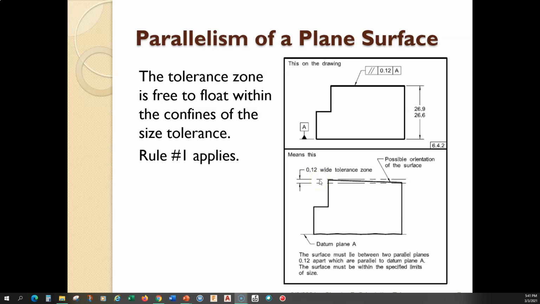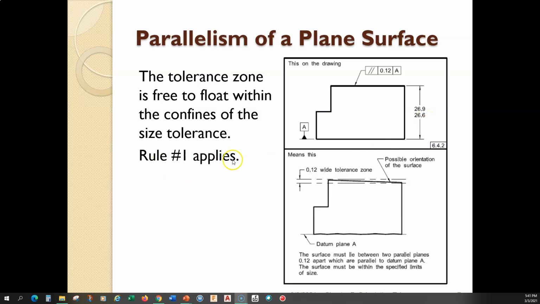This does not fix the tolerance zone in space. The tolerance zone is allowed to float, so it can move up and down. How much can it move up and down? Well, let's look at the size dimension right here. It can move up and down between 26.9 and 26.6 millimeters.